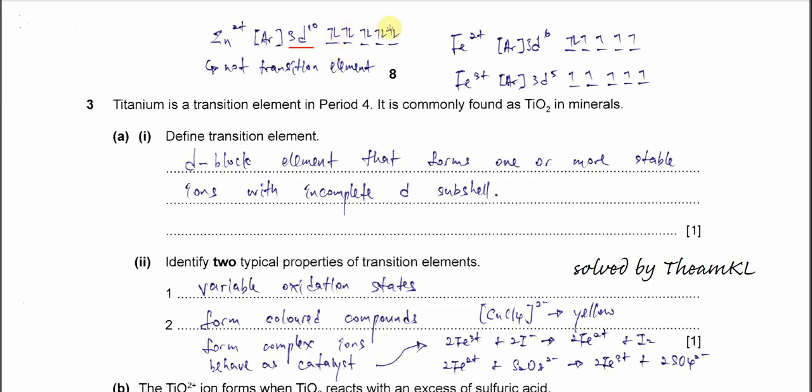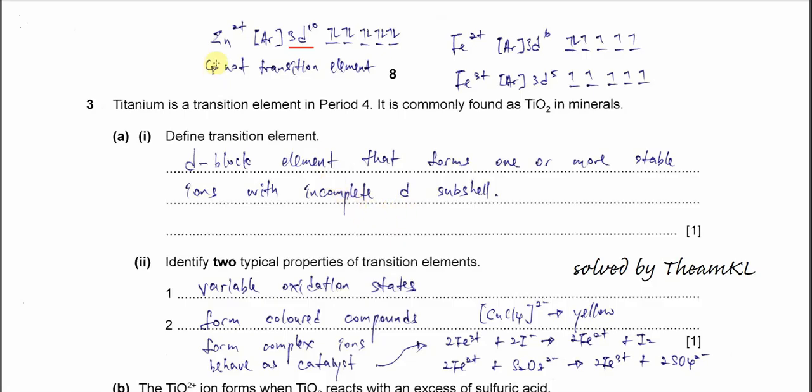It means the d orbitals, in one d subshell there are 5 orbitals, are now all fully occupied. So the d subshell is complete.